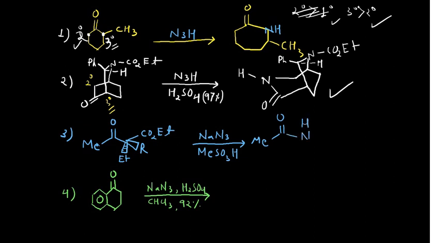Rest of the things are the same. This is your CO2Et, this was your R, and this was your Et. So there is no change in the stereochemistry. Please focus on this point. You have inserted the NH group here. This is something very, very important which you should know.